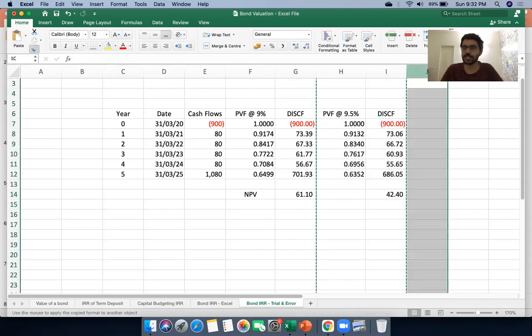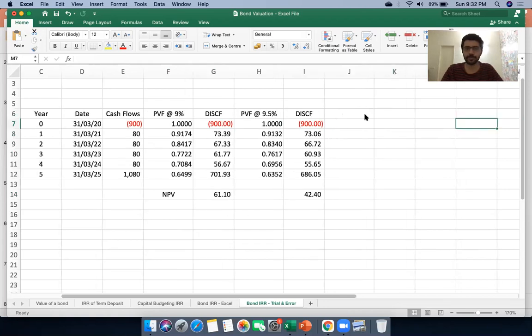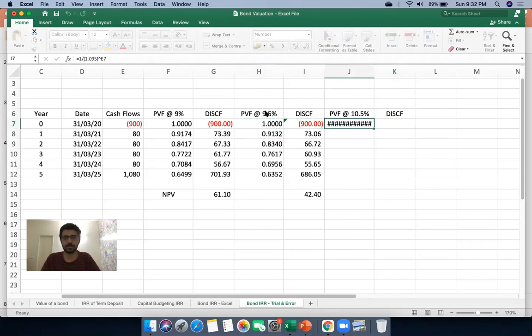All right, now let's just see how the answer is. Present value factor at 10.5%, and then again the discounted cash flow. Okay, 1 divided by 1.105 whole power n.